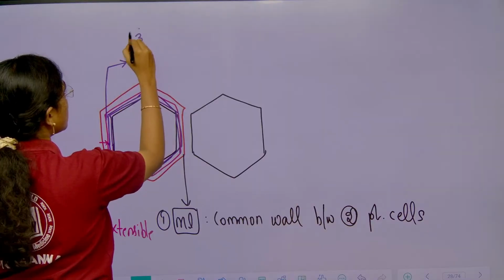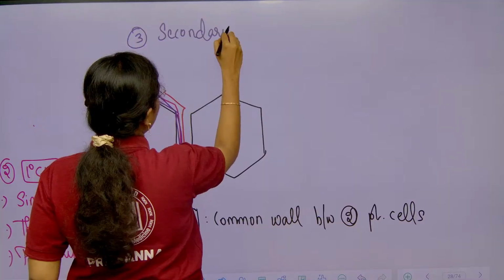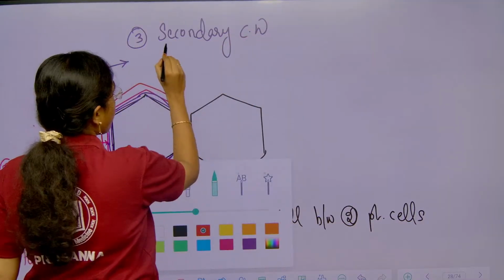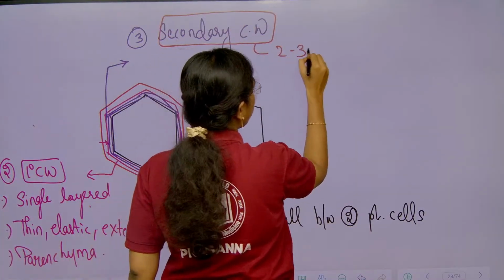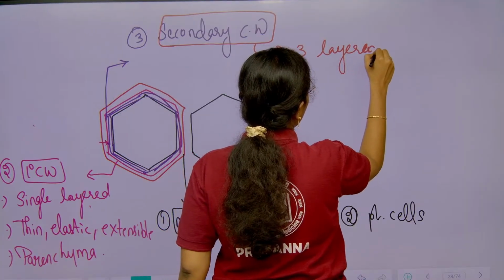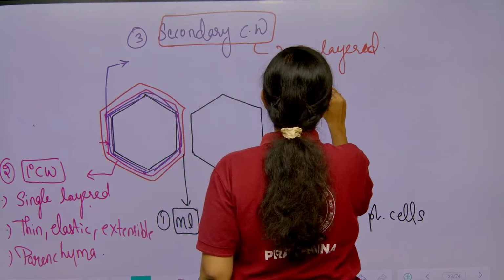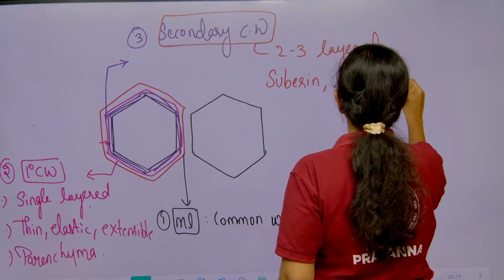Third is secondary cell wall. It is 2 to 3 layered with suberin, lignin and pectin depositions.